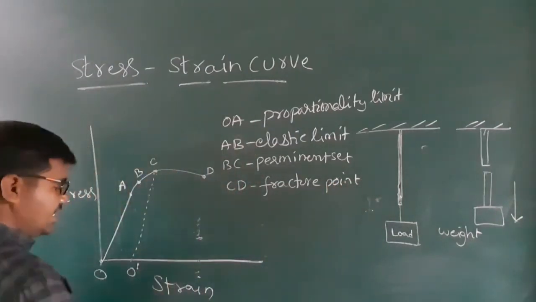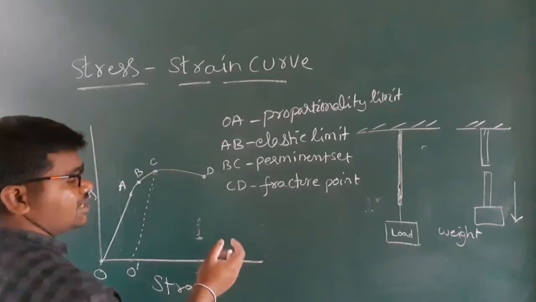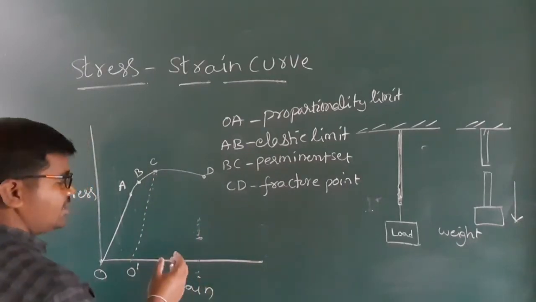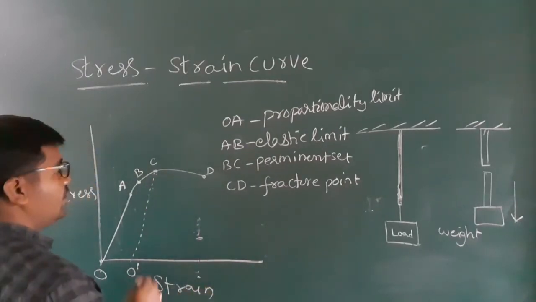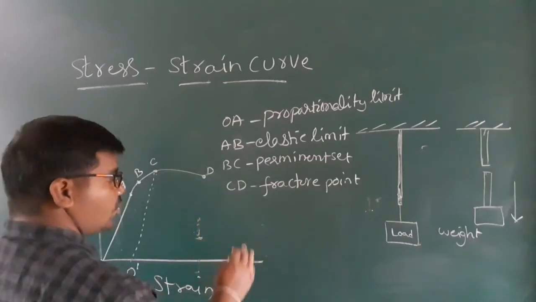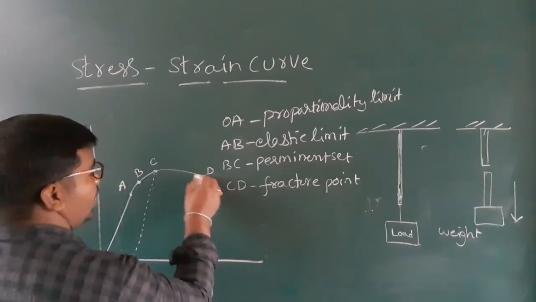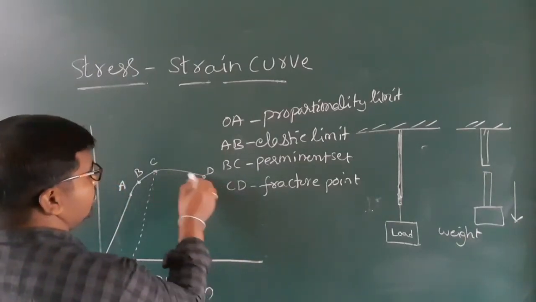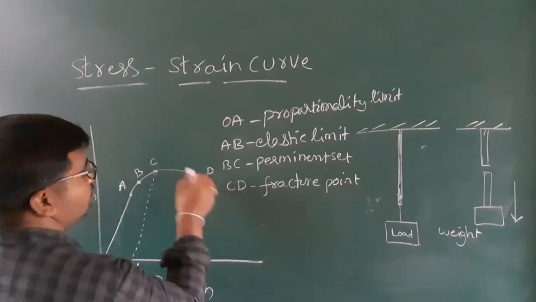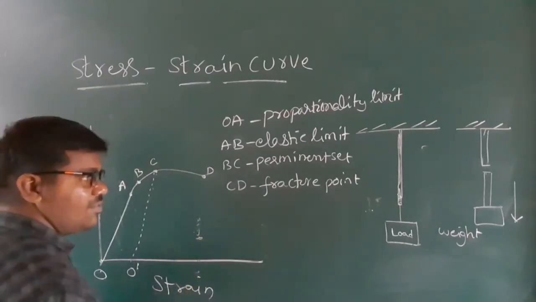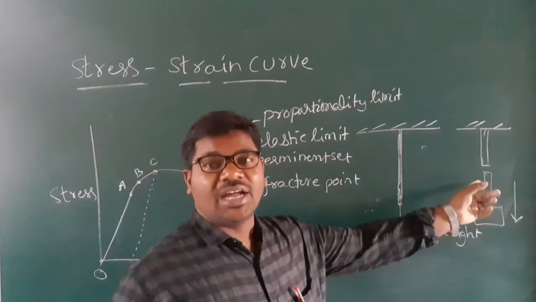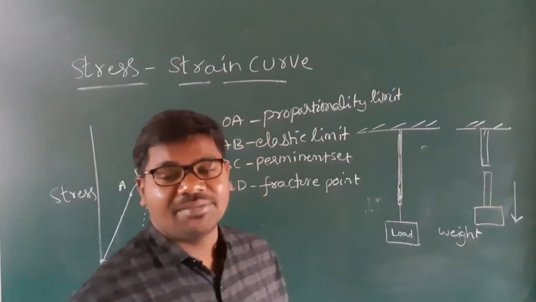After getting the permanent set, when we apply some more load, or stress, the elongation becomes more with less stress. After that, when the length reaches D, the wire breaks like this. Understand, my children?